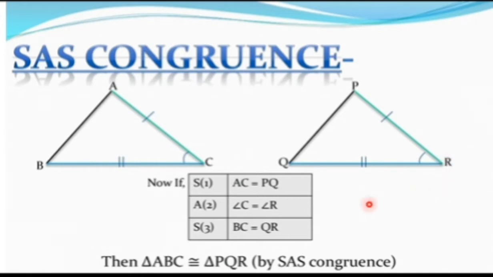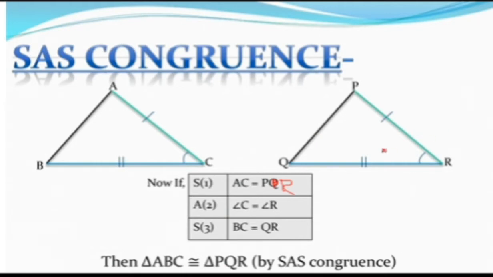Then angle C is equal to angle R. Side 1, side 2, side 3. Here I have written by mistake. This is not PQ, this is PR. So I can say these two triangles are congruent.